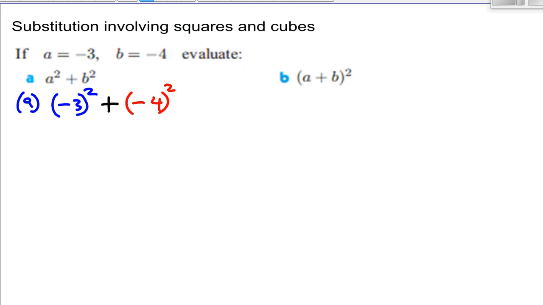Now, negative 3 squared means negative 3 multiplied by negative 3, which is positive 9. And negative 4 squared means negative 4 multiplied by negative 4, which is positive 16. So we'll end up with 25 as our answer.